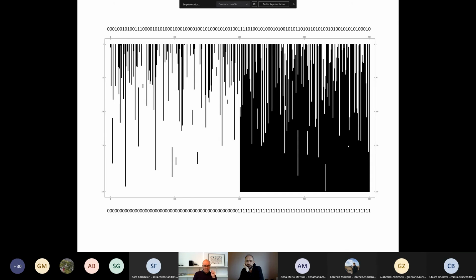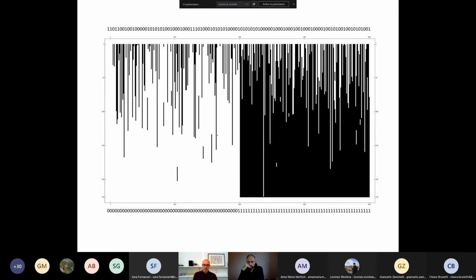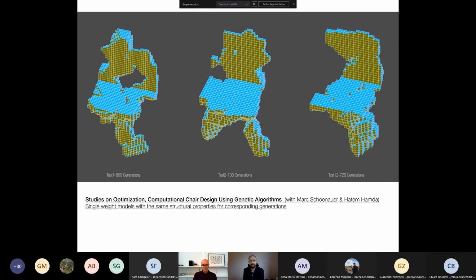Here is a very quick coding of a genetic algorithm I made for my students in Mathematica to show how you can sort a random sequence of 0s and 1s, for example, and after a few hundred iterations, you can sort them out and have all of the 0s on the left, all of the 1s on the right. Things that would take an amazing amount of time if it was not about using genetic algorithms.